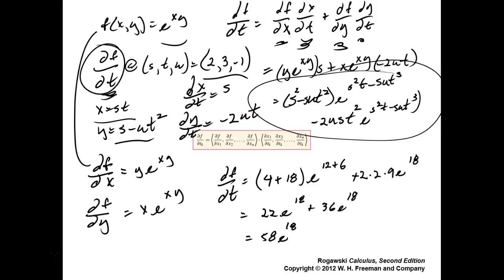Yeah, that's where I messed up. When I multiply these two together, that should be, I thought I did it, s squared t minus SUT cubed. That's what I got.